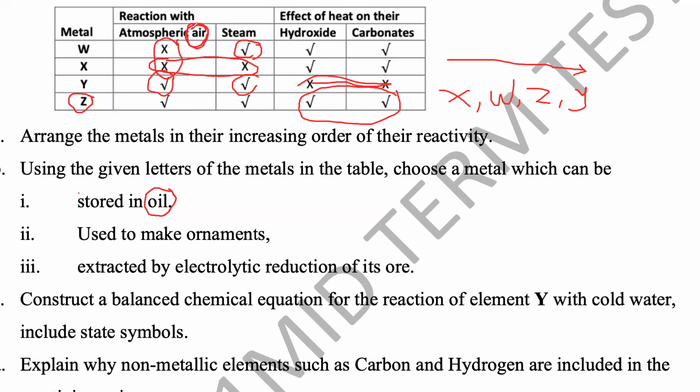So any element that can react with air can be stored under oil. So we can clearly see here that Y or Z can react with air and therefore can be stored under oil.